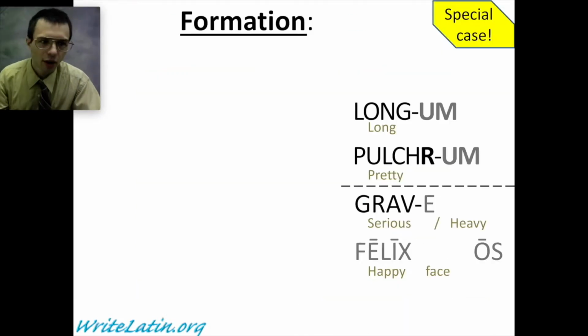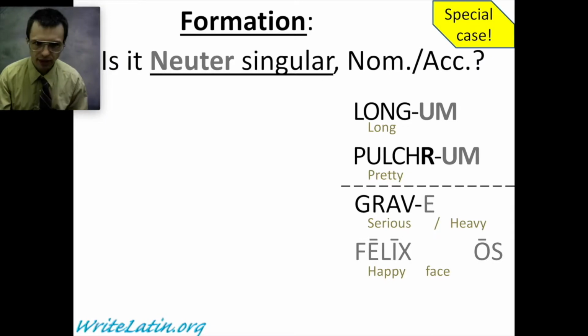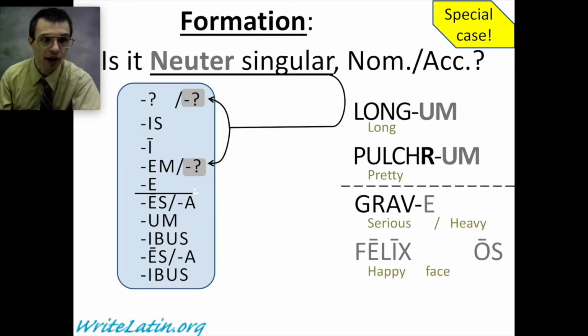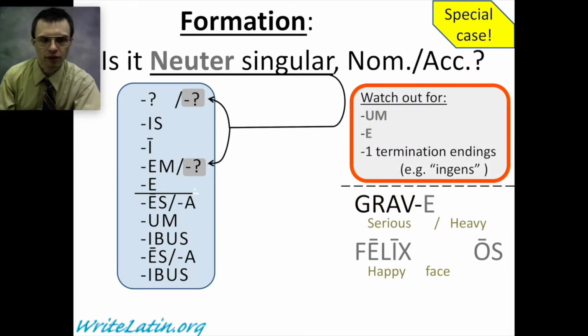All right, so hopefully you got the hang of it, but in case you didn't, here is the actual rule, the actual set of steps that you're supposed to go through in your mind. First, before you do anything else, decide: is it one of those two adjectives, neuter, singular, nominative or accusative? Is it one of those? Because if it is, we're going to put IUS on it, right? What should you watch out for?